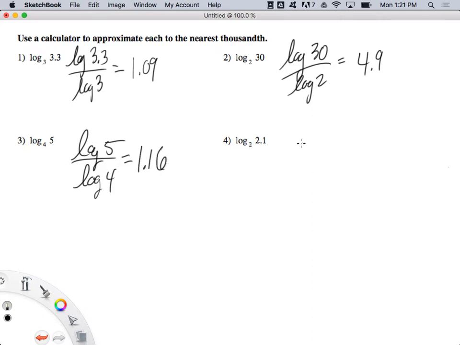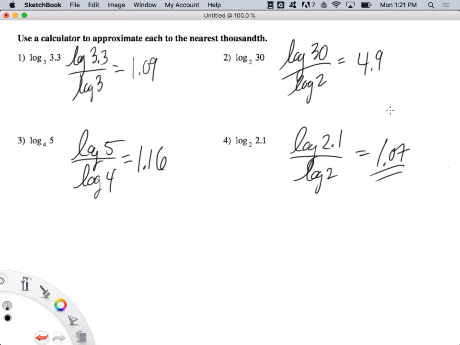And number 4 is log of 2.1 over log of 2. Can you not round on here? That would be rounding a little too much. But these are all going to be multiple choice anyway, so you'd be able to know.